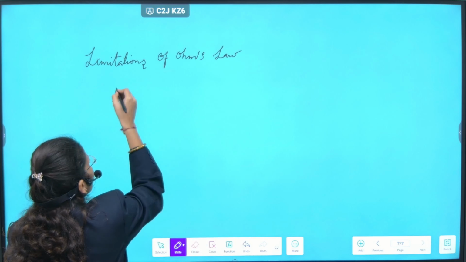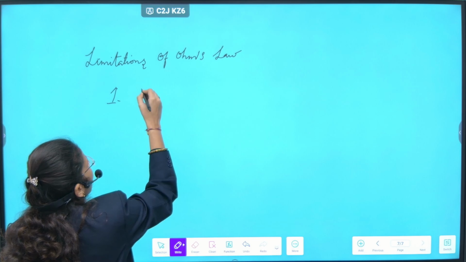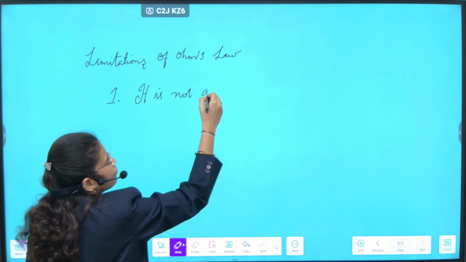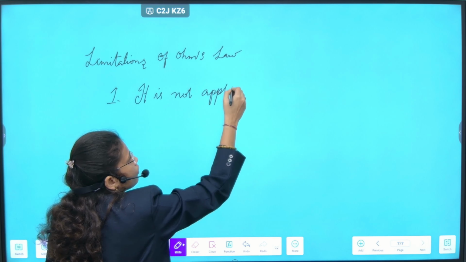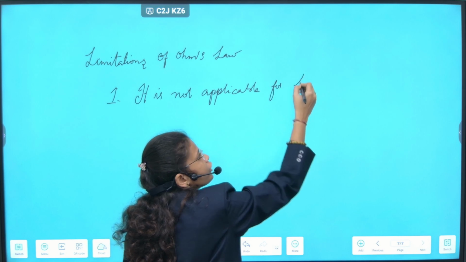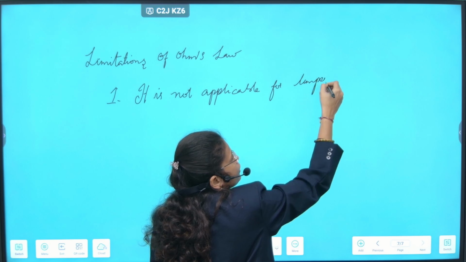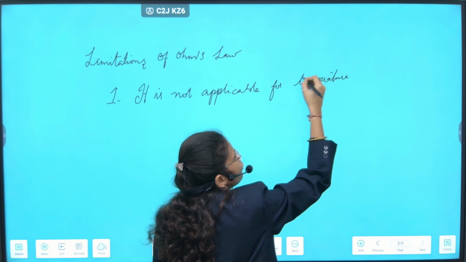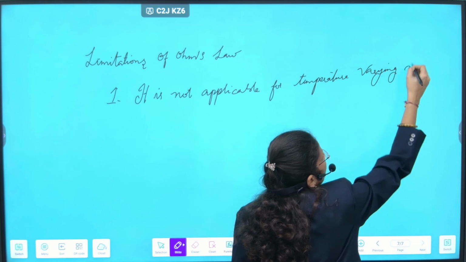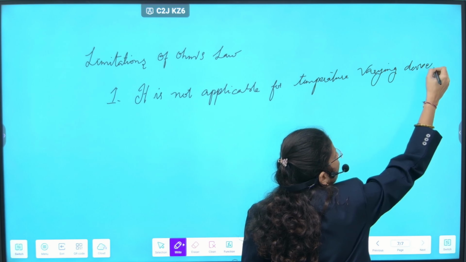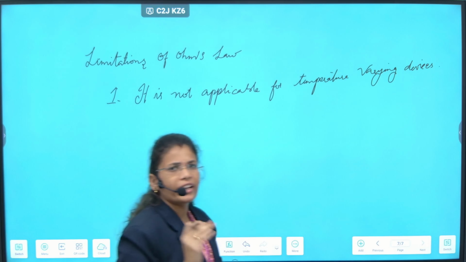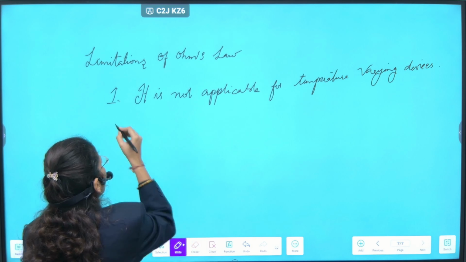So the first limitation of Ohm's law is it is not applicable for temperature varying devices. Only at constant temperature it is applicable.